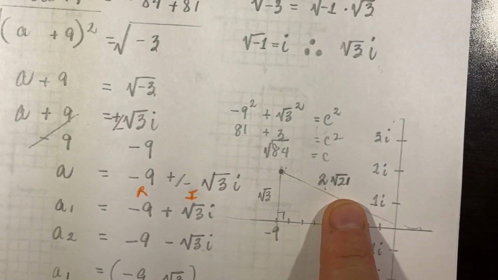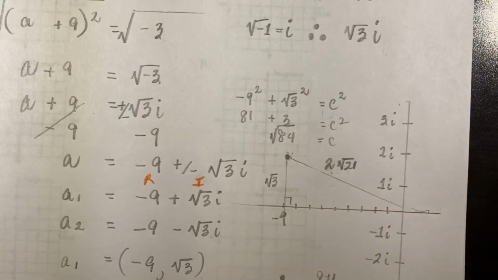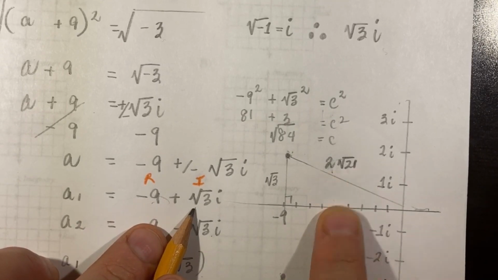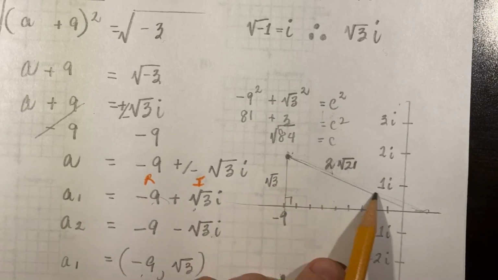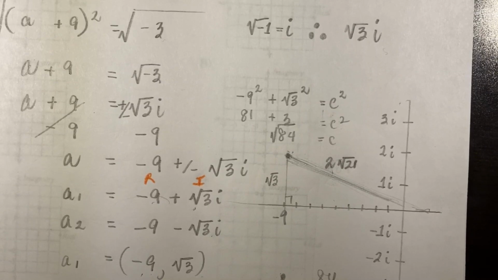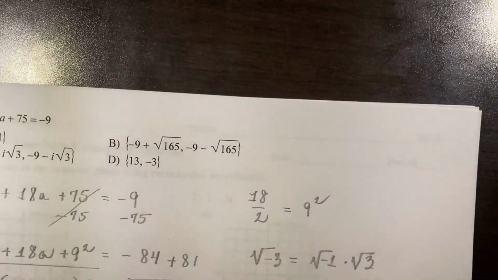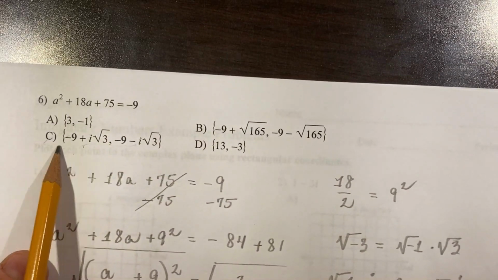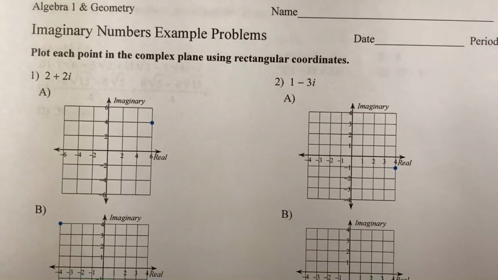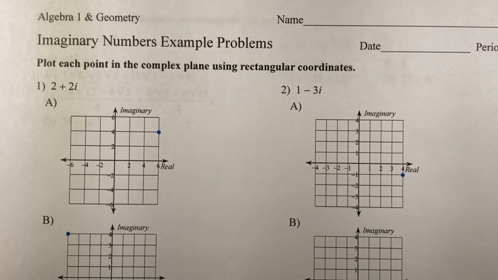So the modulus of this first solution here, negative 9 plus square root 3i, is 2 square root 21. That is the hypotenuse length. Okay, this is really important stuff. It's not just making this stuff up. This is some heavy duty math. All right, so the answer is right here. At this point, that's almost the easiest part, is getting the answer. And that brings us to the next example problem set, which I will reserve for a separate video.